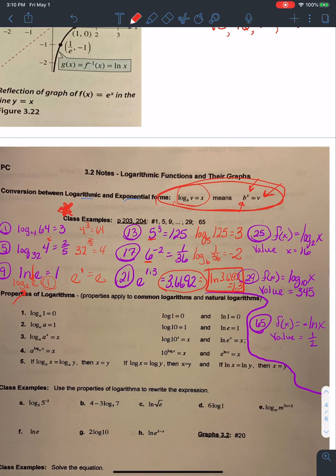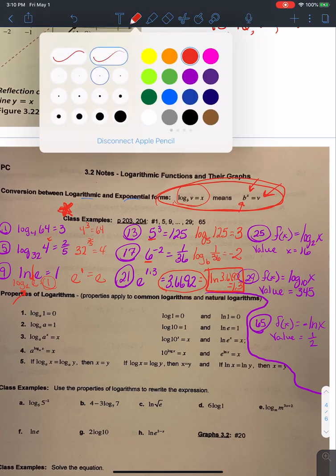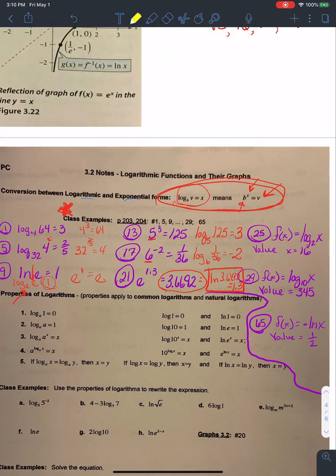Okay, for number 25, they want us to do this guy, log base 2, and they want us to use a value of 16. So what they're really asking you to do here is log base 2 of 16, plugging the 16 in. I can show you how to do this on your calculator in a moment, but I want you to think about this.